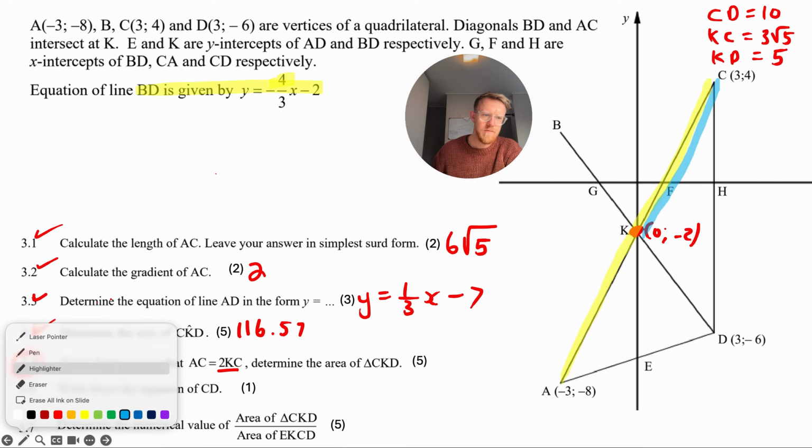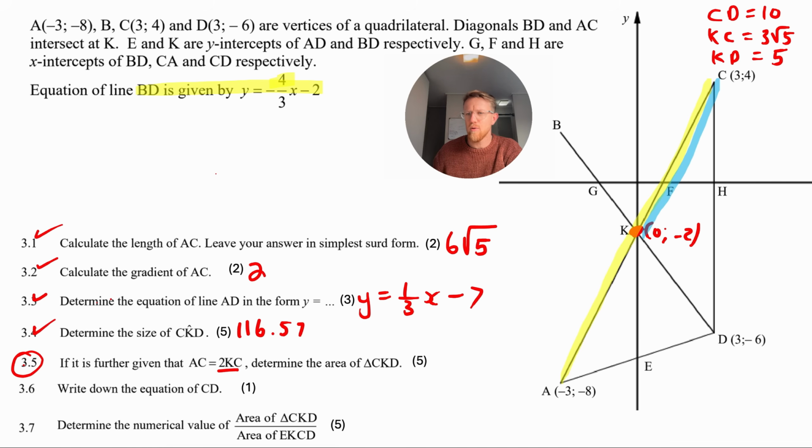So they're pretty much just saying, you can think of it like this. K is the midpoint. And that is why this length can be double that length over there. Now it says, determine the area of triangle CKD. So they want the area of this triangle here.